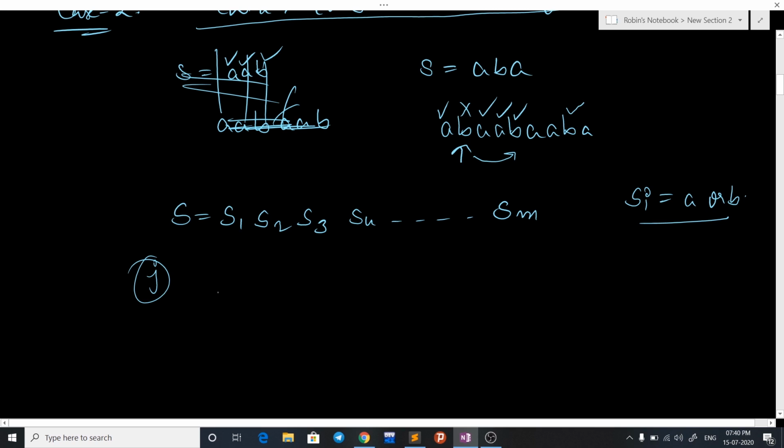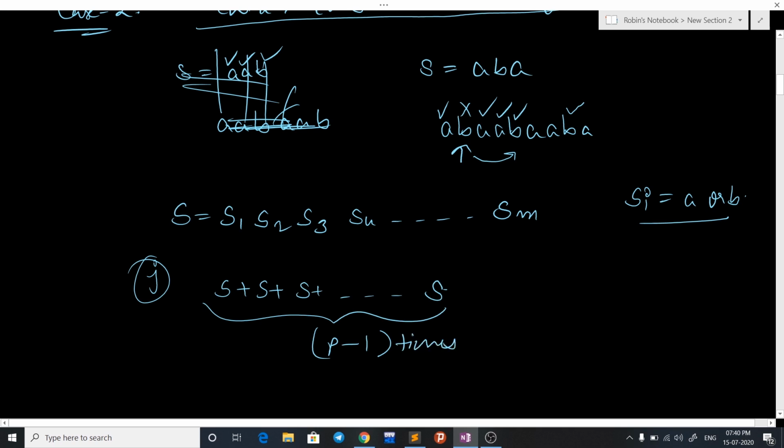So we have S plus S plus S, S, this is P minus 1 times, and also have S up to index J, Sj, from S1.